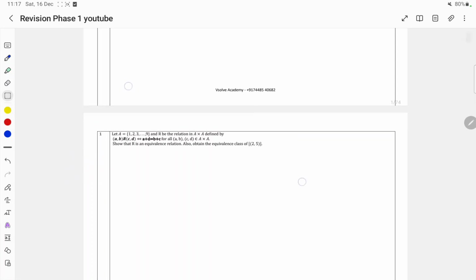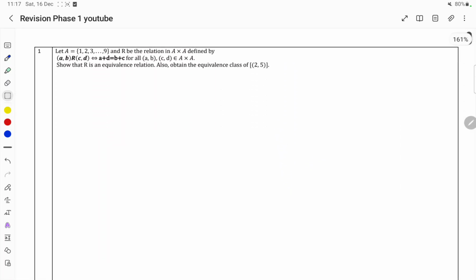Now we know what A cross A is. (a, b) is related with (c, d) if and only if a plus d is equal to b plus c. So now we have this relation: (a, b) related with (c, d) if and only if a plus d is equal to b plus c.